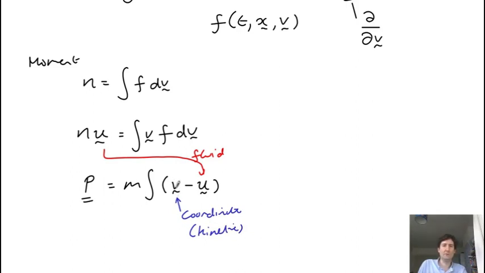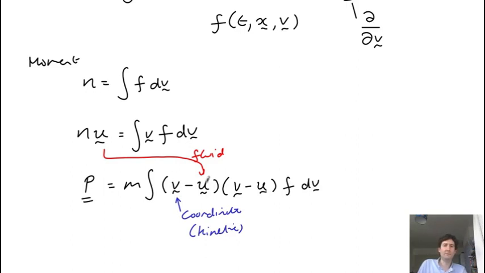So it's the difference between the velocity of a particular particle and the average velocity of the fluid. And then we have several of these, again multiplied by f and integrated over all velocity space.